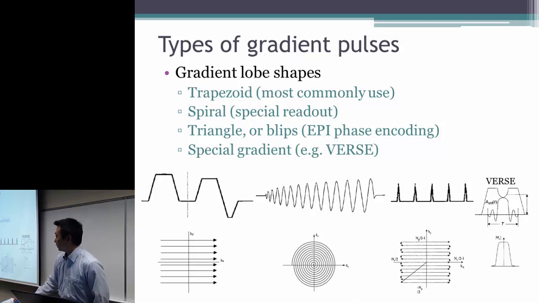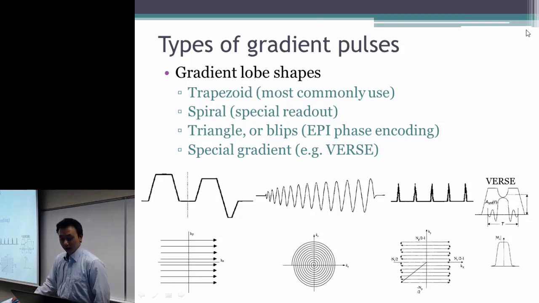Most of the time, the gradient pulses we use are trapezoids. We also have the spiral gradient pulse, which usually gives you a spiral readout, used for a very fast acquisition of the whole k-space. And there is also the triangle, or what we call blip, which is used in EPI phase encoding. Triangle is basically a simplified version of the trapezoid, right?